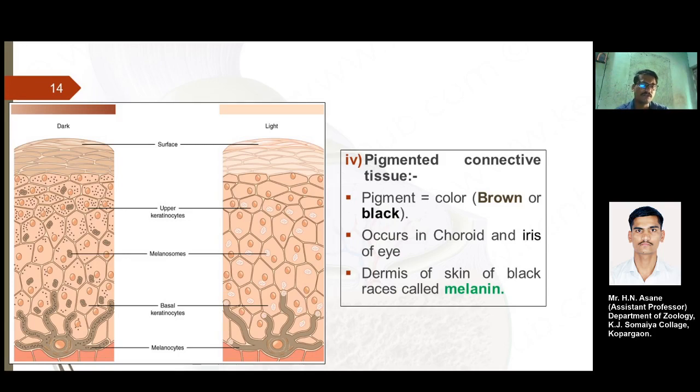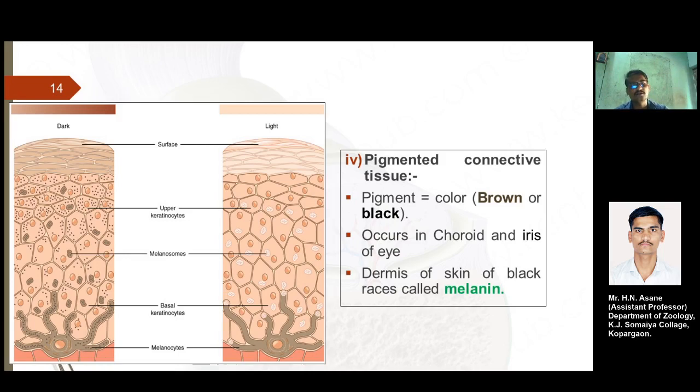So at the surface we have these two types of pigmented tissues, the lightening of the skin and the darker skin, these two sides.